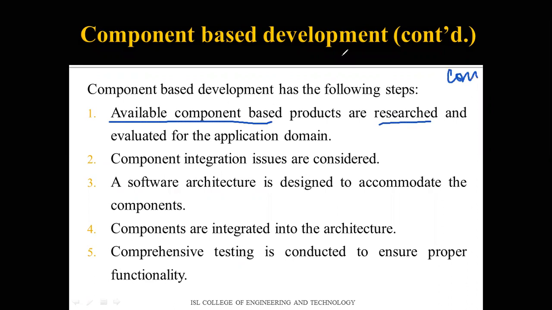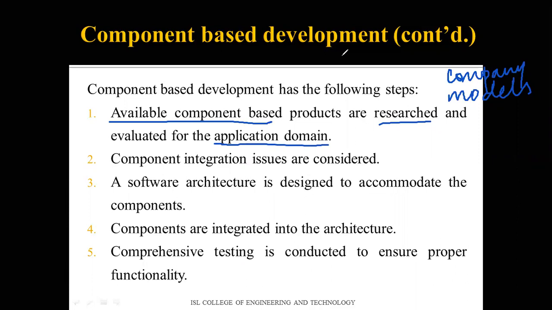Because you're going to have multiple companies that make a particular RAM or a graphic card. You've got different models. So you're going to identify the different companies. You're going to research what functionalities each and every product is going to provide you, and what is going to fit within the application domain that you are going to develop. That is the first step.